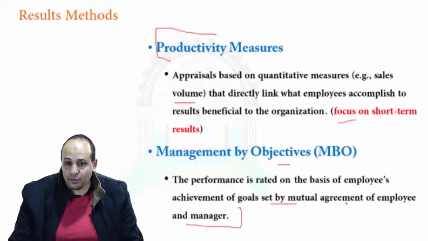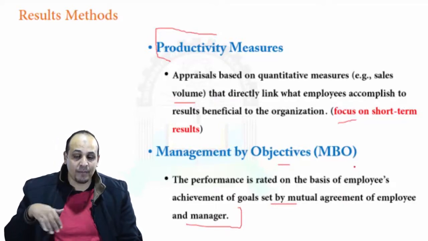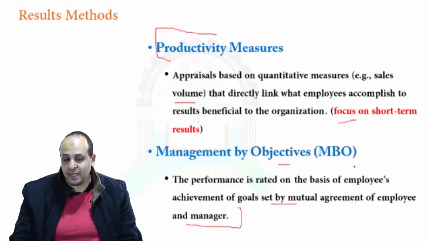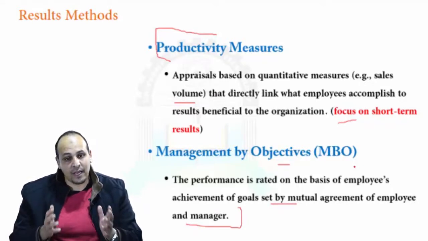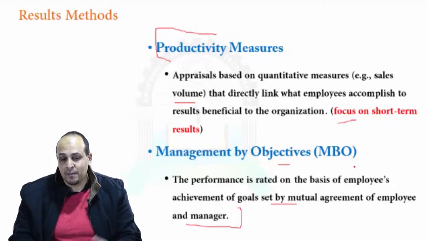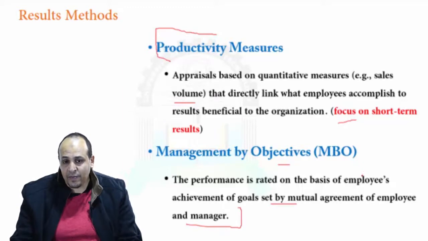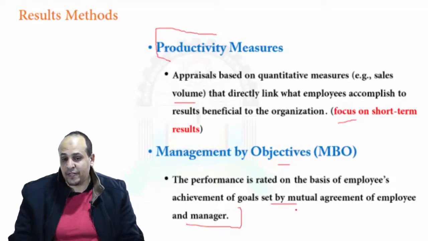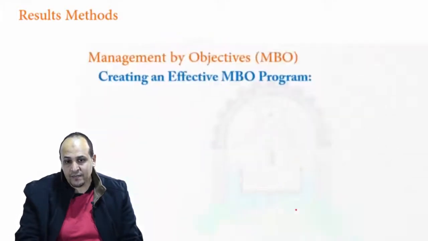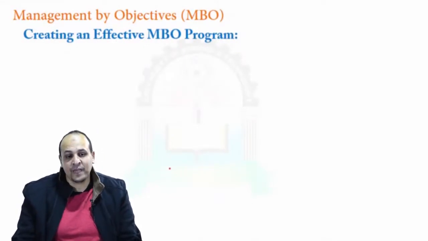We're talking about mutual agreement because you cannot possibly set objectives that are beyond the capability of the employees and then force them to do them. And finally, you're supposed to conduct appraisal of performance based on such impractical objectives. That is why whenever we talk about objectives as a means of appraising, we talk about collaboration, involving employees in setting these objectives, and of course we refer to them as SMART objectives.